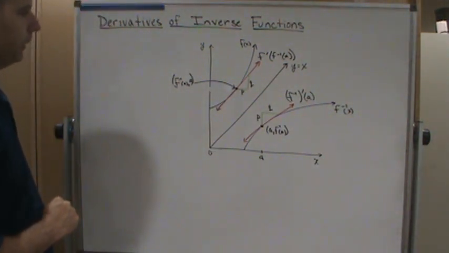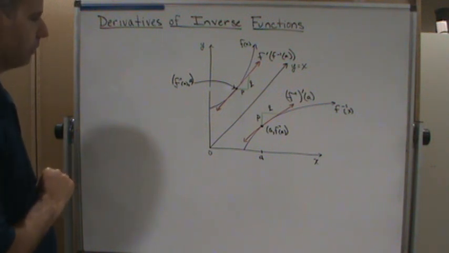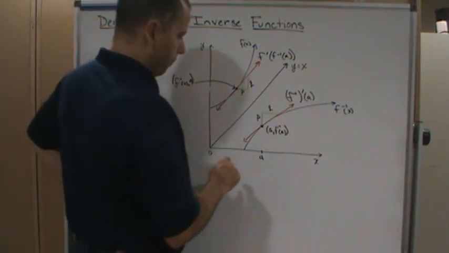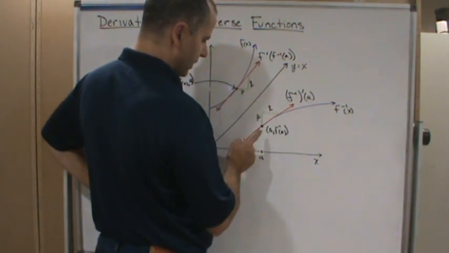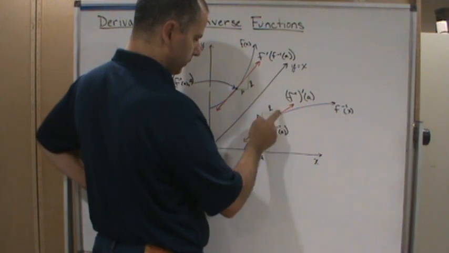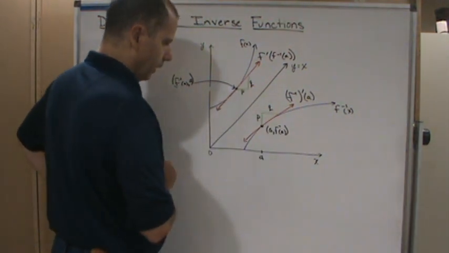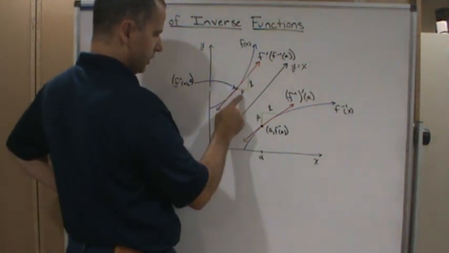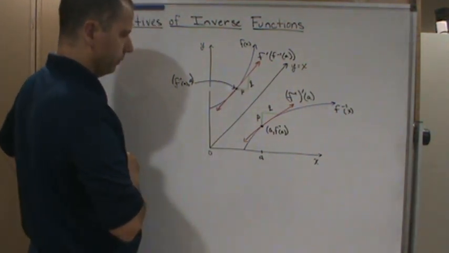Okay, now from this graph, we can see that this tangent line has a slope of p over q. And the slope of the inverse tangent line is q over p.